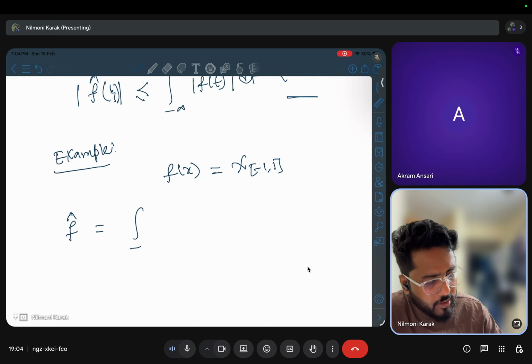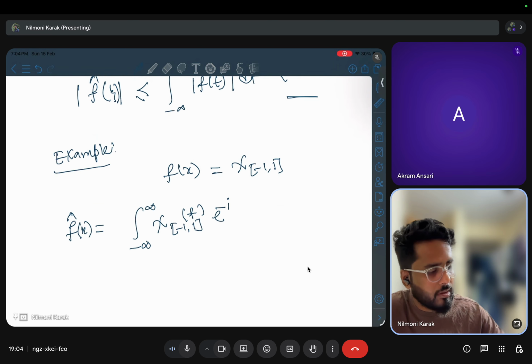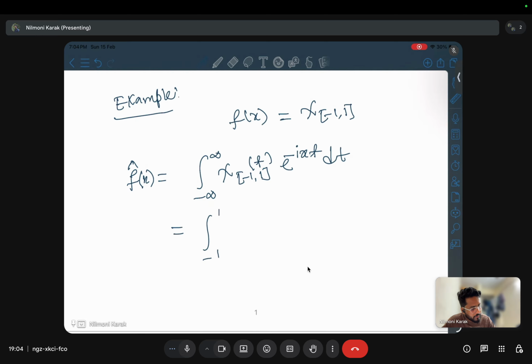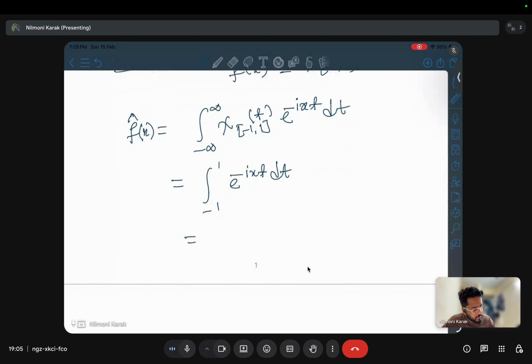The integral from minus infinity to infinity of chi minus 1 to 1 of t, times e to the power minus i x t dt, which is the integral from minus 1 to 1 of e to the power minus i x t dt, and this is e to the power minus i x t divided by minus i x, evaluated from minus 1 to 1.